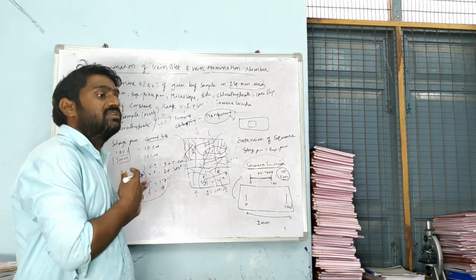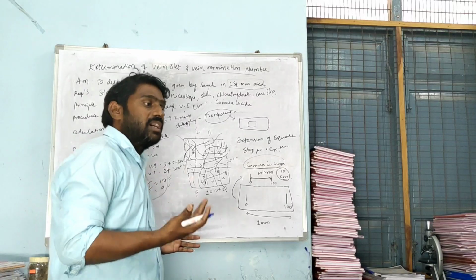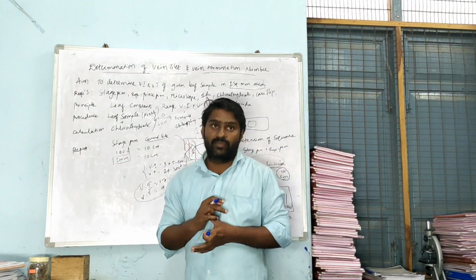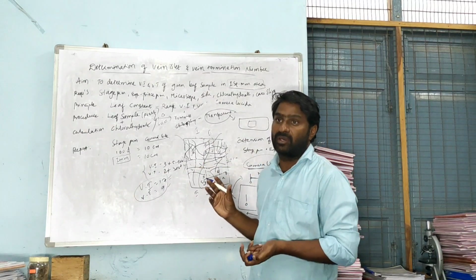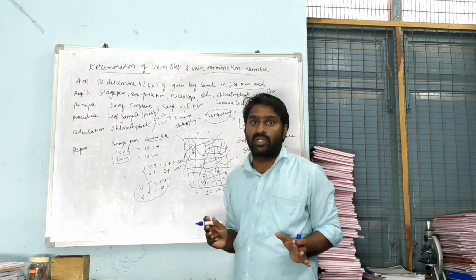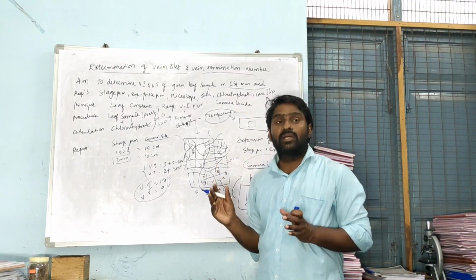Coming to the importance of determination of leaf constants, it is as important as the other parameters that we study under adulteration. So why are we talking about adulteration? Because in pharmacognosy, we are dealing with the study of crude drugs. Crude drugs are those which are directly obtained from the plant or other sources.